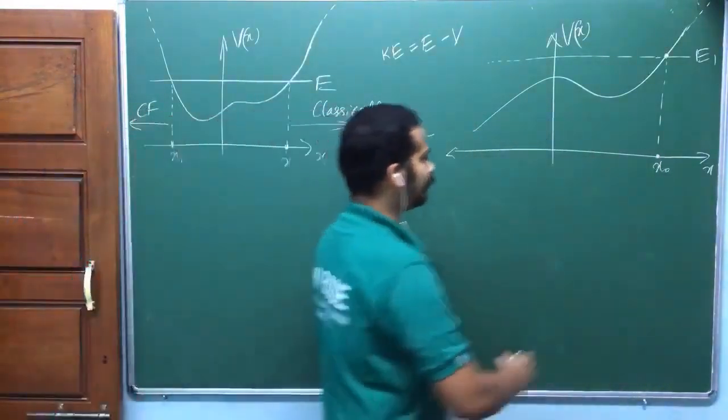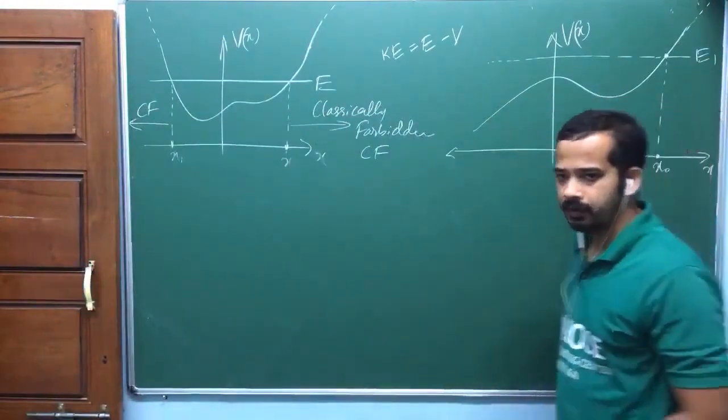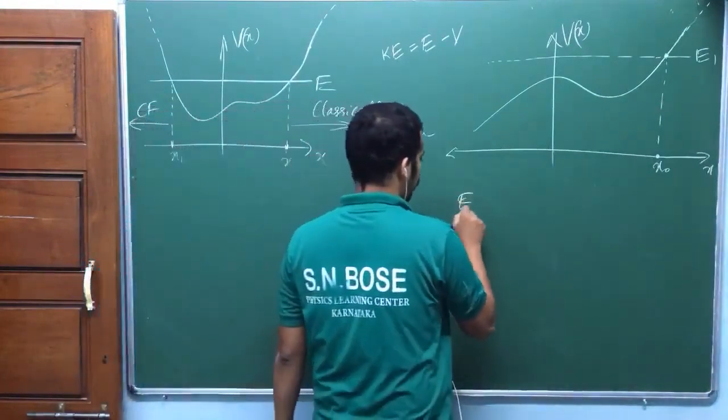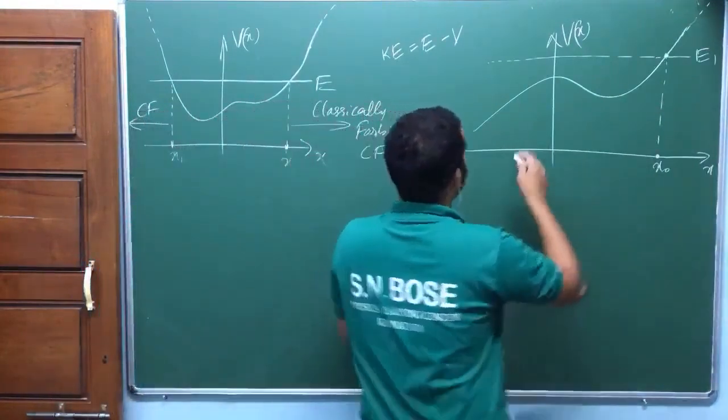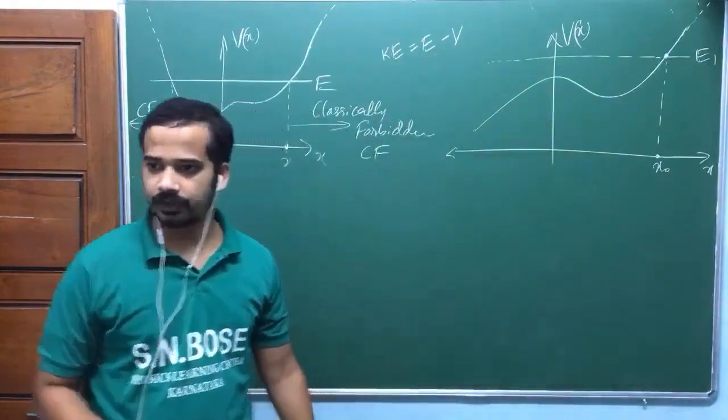And if you leave the particle here, then also it will go to infinity, isn't it? Classically, this is a scattering state, am I right? E1. So classically, this is a scattering state, isn't it? Are you getting my point?